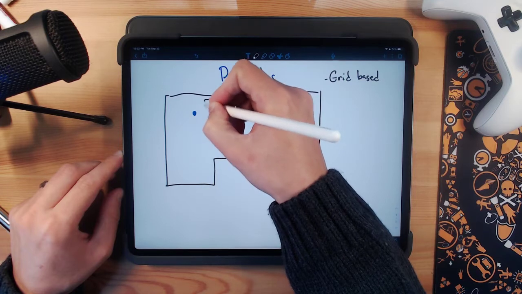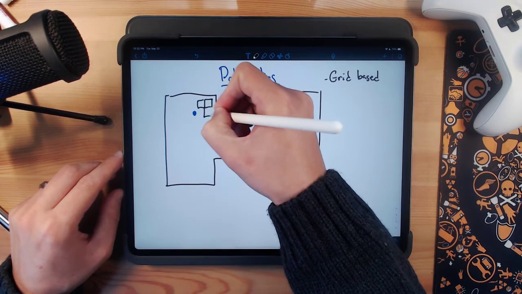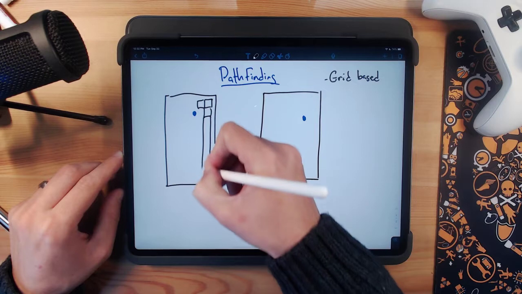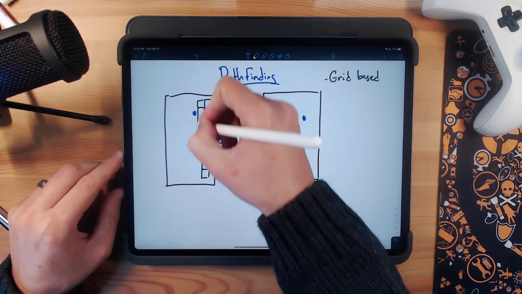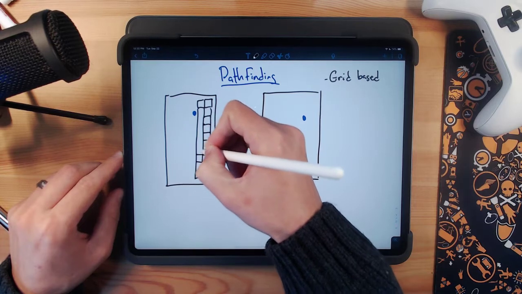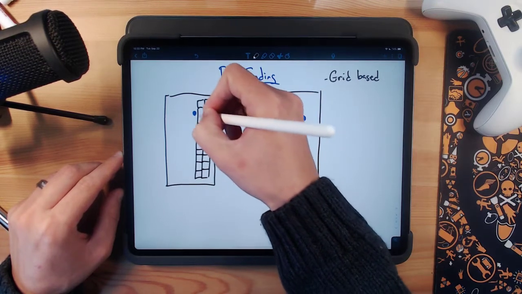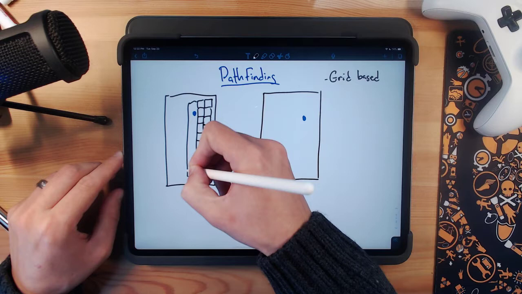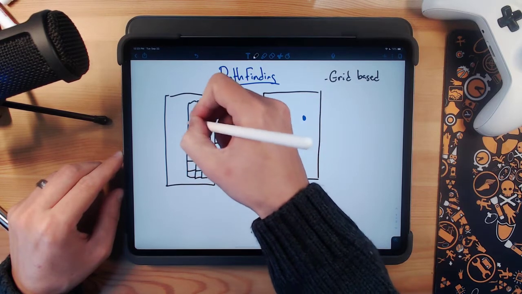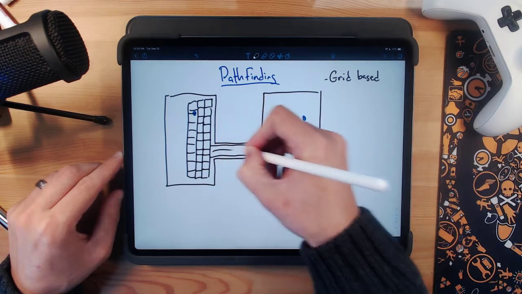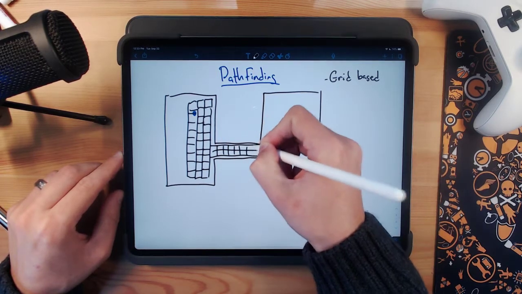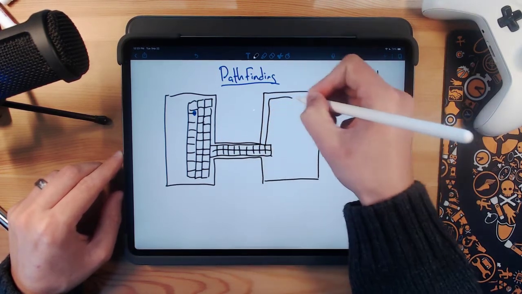So you would essentially have a grid that looks something like this, that sort of fills out our entire world. And you can kind of imagine how this grid would just fill out the rest of this room, as well as the hallway, as well as the second room over here on the right.